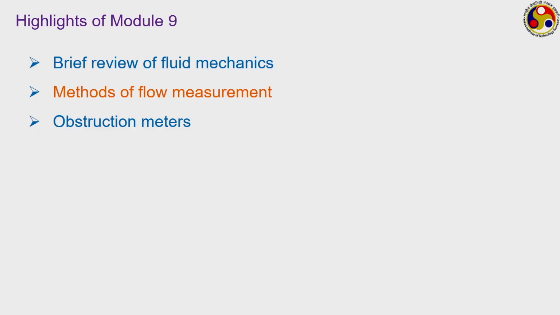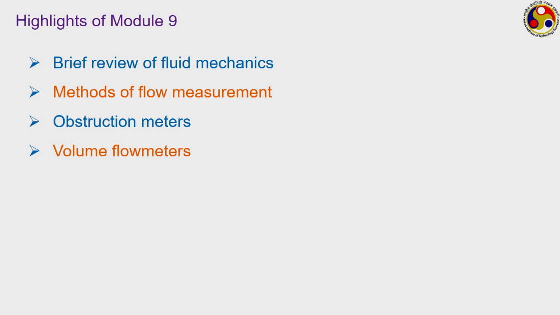Then what we have done this week: we started with a brief discussion of fluid mechanics and Bernoulli's equation, then we talked about different methods of flow measurement. The first ones that we talked about are the obstruction based meters like venturi meters, flow nozzles, laminar flow meters. Then volume flow meters, several common ones have been discussed like the turbine flow meter, electromagnetic flow meter, ultrasonic flow meter.